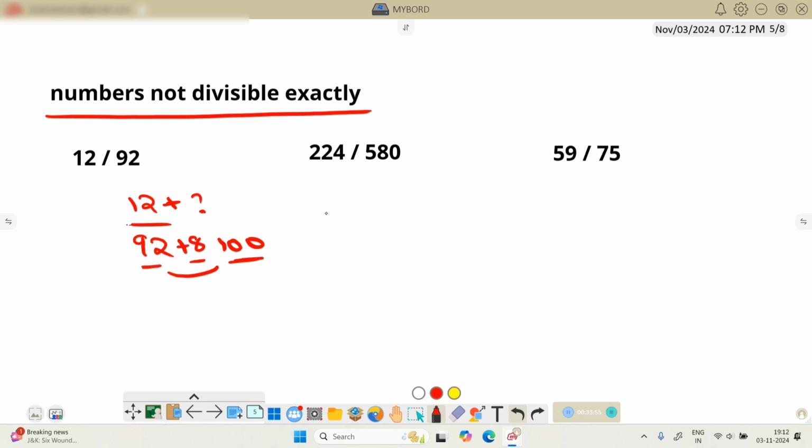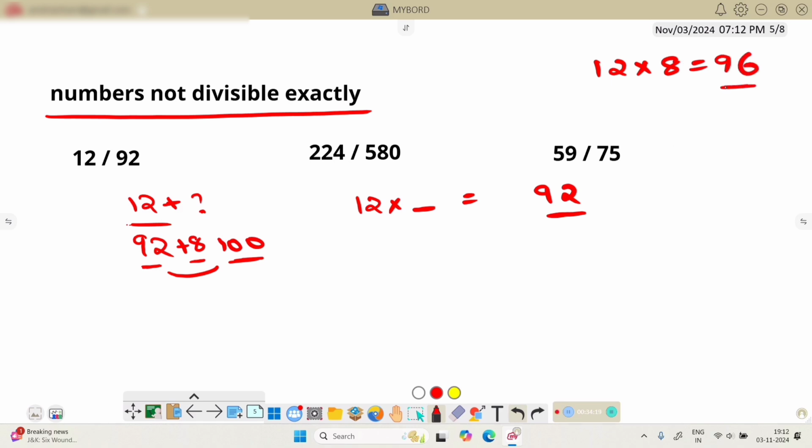If you multiply 12 with which number, you will get a number near 92? See here, if you multiply with 8, 12 8s are 96. So 96 is a bigger number. Okay, so now you take 12 into 7, 12 sevens are 84. So 84 is smaller than 92. Okay, so here you will write 1 by 7. Okay, so with the 1 by 7 ratio, you will get near to the number 92.